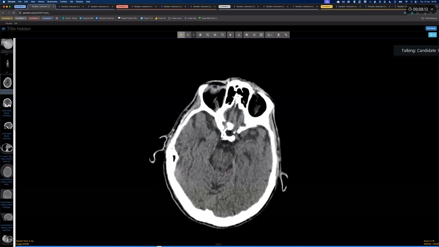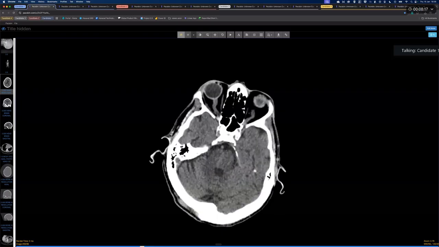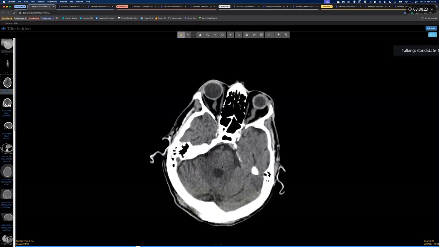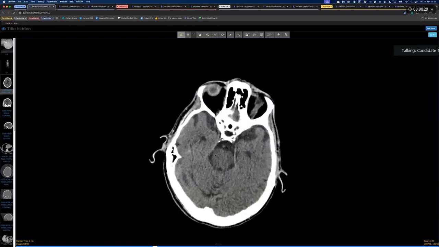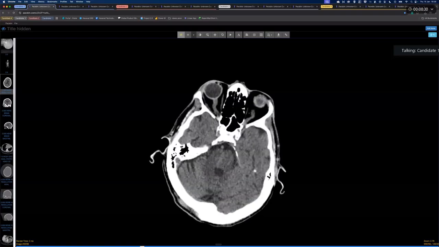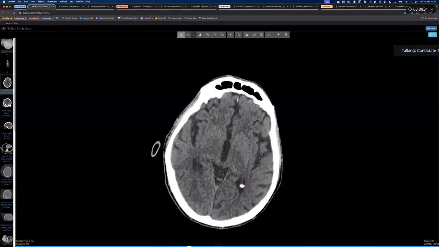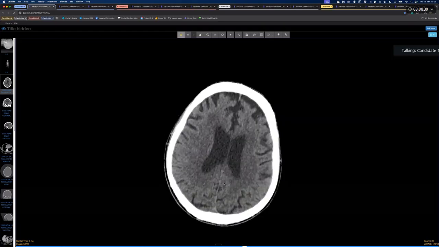Okay, so yes, to be an infarction, this hypodensity should be involving the cortex as well as the medulla. Yes, it is extending into the cortex of the medulla, to the surface of the medulla, so it could be an infarct. So I would like to correlate with the post-contrast or with the MRI.